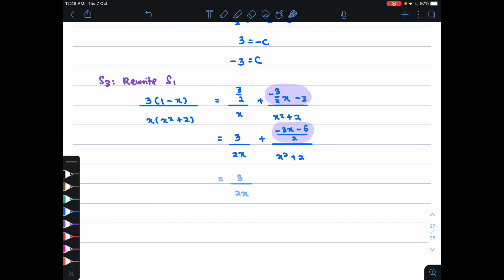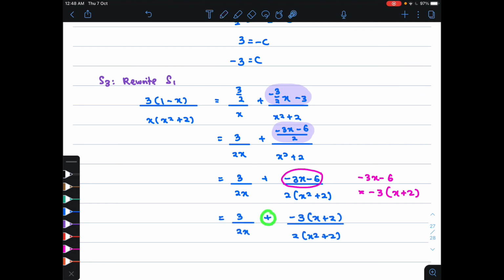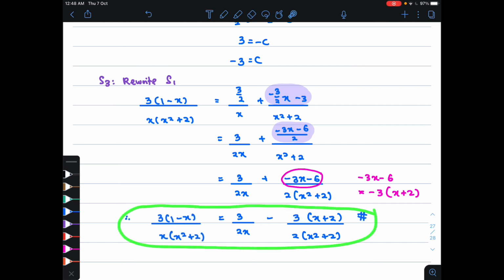Bring 2 to the denominator and try to simplify as best as you can. Note that negative 3x minus 6 can be written as negative 3 times x plus 2. Plus and minus 3 is just minus 3. And hence, this is the final answer of this question.